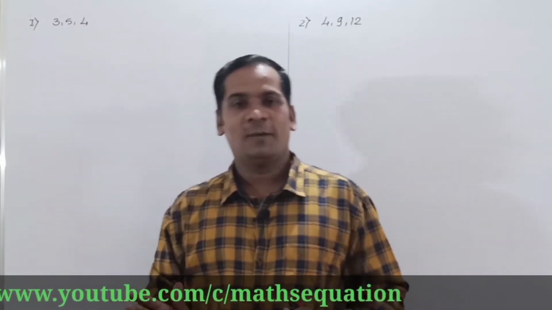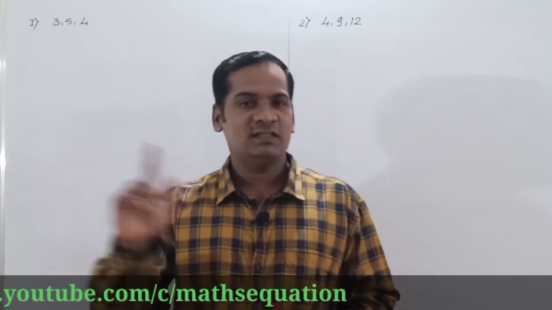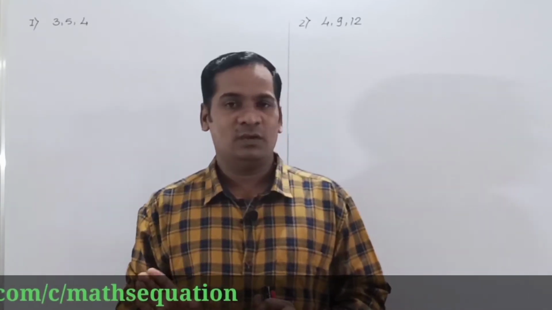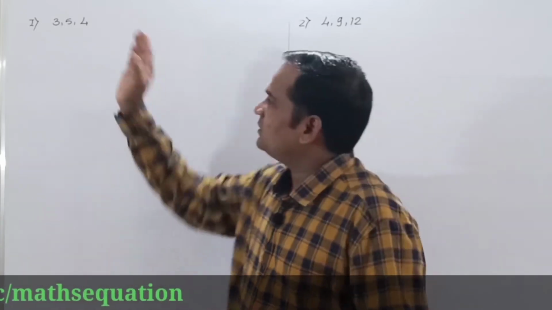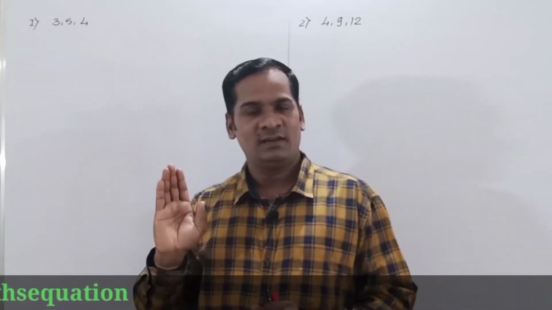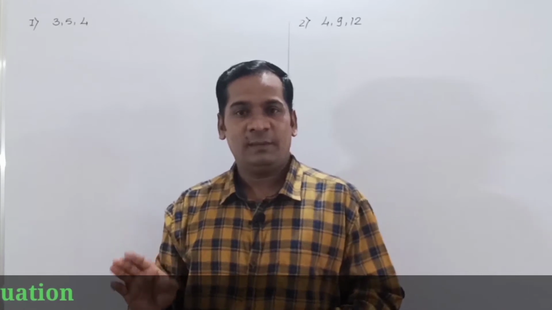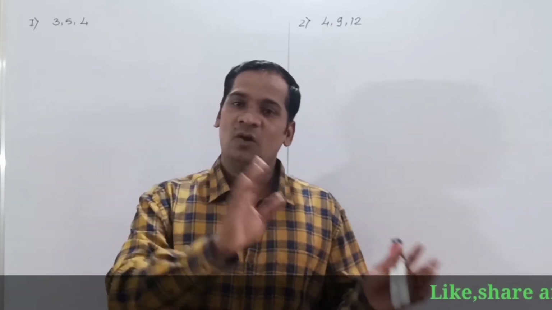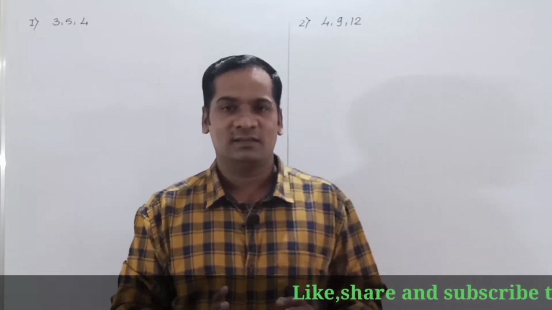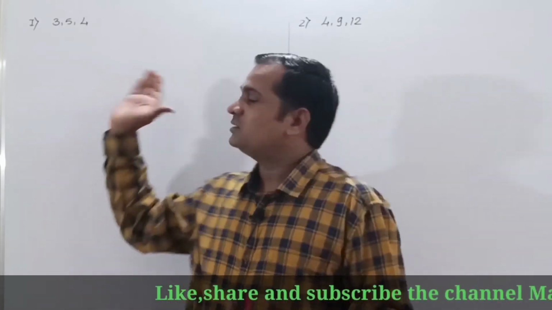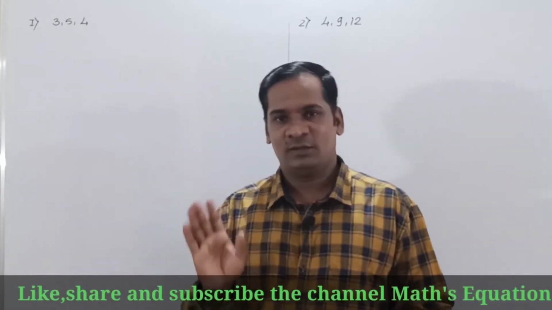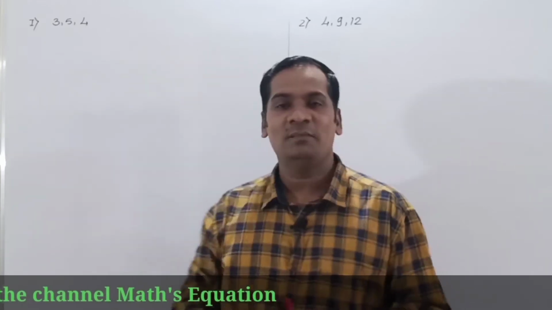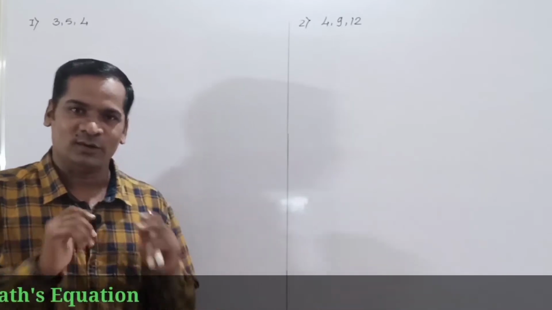If the square of the largest number is equal to the sum of the squares of the remaining two numbers, then these three numbers will be a Pythagorean triplet. Or if the square of the largest number is not equal to the sum of the squares of the remaining two numbers, then these three numbers will not be a Pythagorean triplet. So let's check whether the given three numbers are a Pythagorean triplet or not.